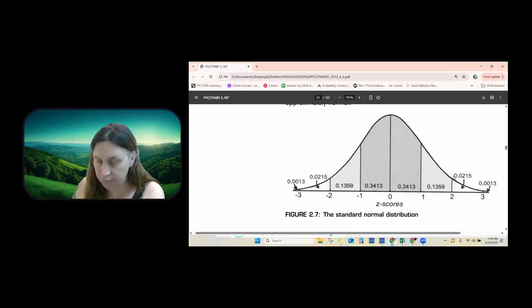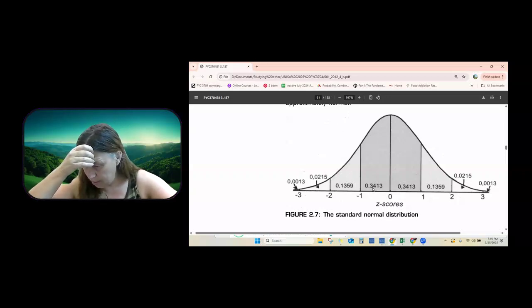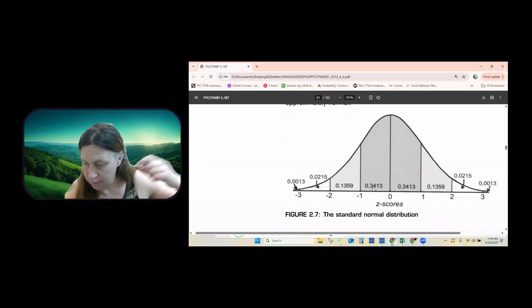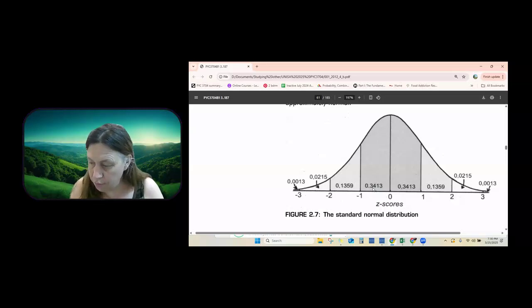Now there is a formula that we use. It's called the Z transformation for hypothesis testing. You can transform any variable that comes from a normal distribution to a standard normal distribution, provided you know the mean and the standard deviation of the variable scores.